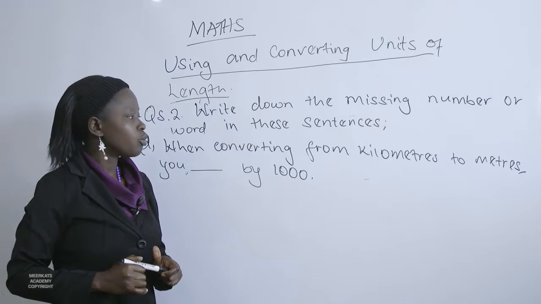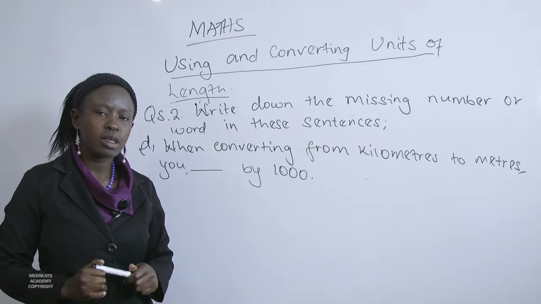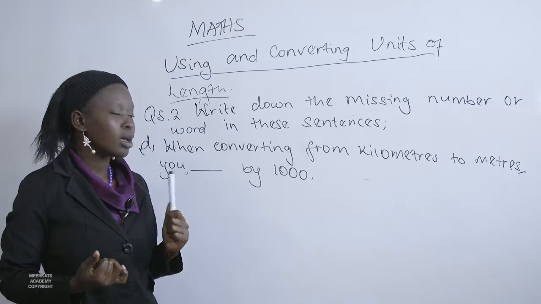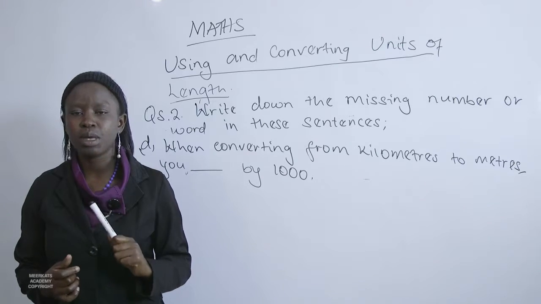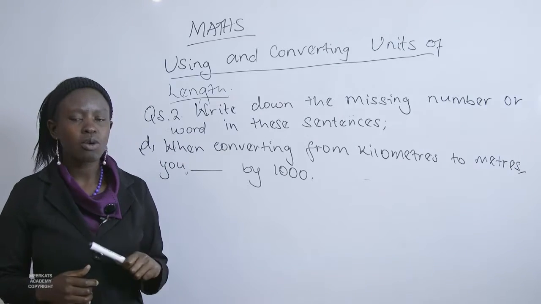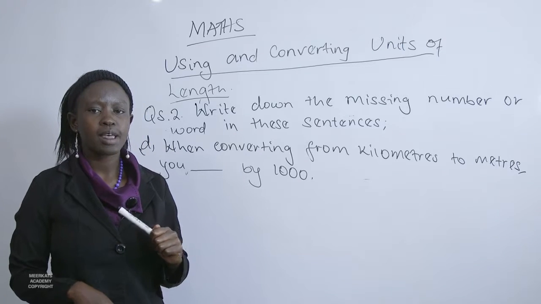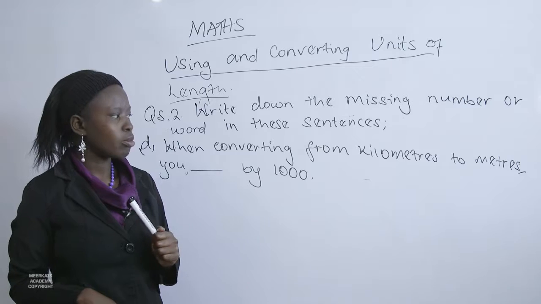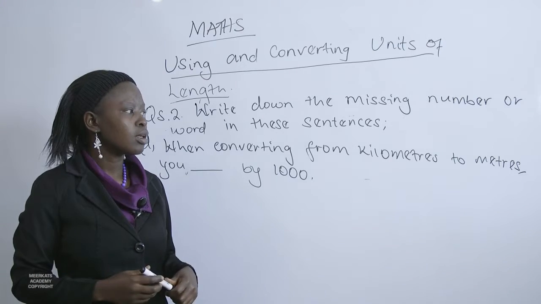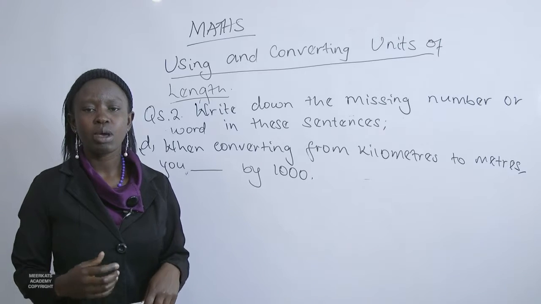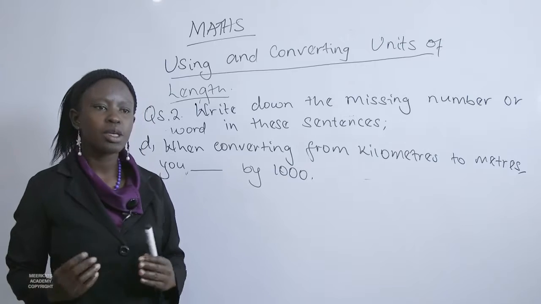So the next question we have is that when converting from kilometers to meters, what do we do by 1,000? So there is a word that is missing to make our statement complete. So let us compare between kilometers and meters. Which one is larger and which one is smaller? And we discover that a kilometer is a larger unit than the meter. So we are converting from a larger unit to a smaller unit.